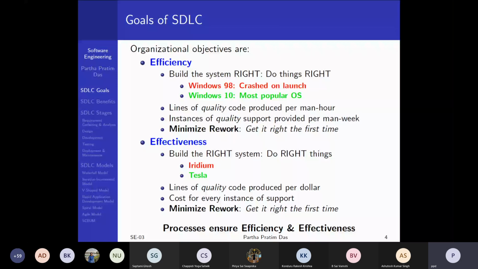Vis-a-vis, if you see another very mega scale project, Tesla, the electric vehicles. I'm sure all of you are very familiar with Elon Musk, who spearheaded this, which is a very high risk, high cost project. Excellent cars were developed, though at times we are seeing certain failures, but very, very rarely.